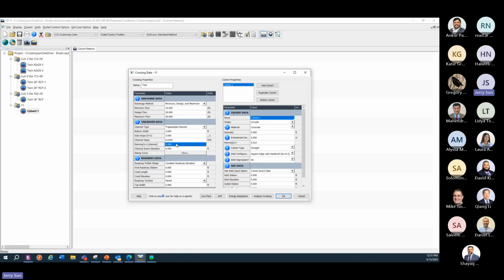And the Manning's equation: for most channels in the Maryland area, Manning's n is between 0.03 and 0.05. If you see somebody in Maryland designing a channel with 0.02, that is definitely not correct.